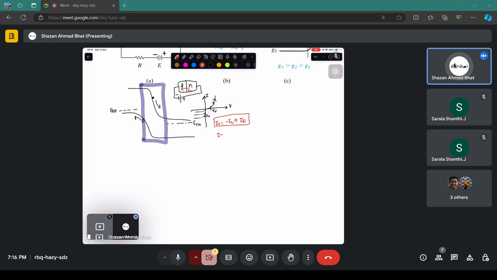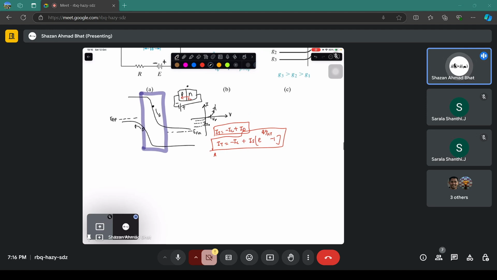It can be written as total current equals light current plus the saturation current times e to the power qV by kT minus 1. So this is the total current equation of the solar cell. And this light current is flowing because electrons are going in this direction, holes are going in this direction, and the current will be overall in this direction because of the light current. So it's opposite to what was initially assumed to flow.